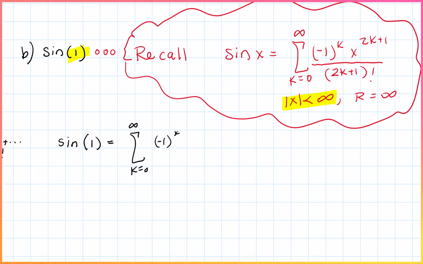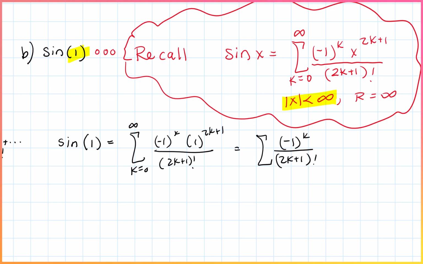We're going to plug in 1, so 1 to the 2k plus 1 just becomes 1, and that's all over 2k plus 1 factorial. So that is just negative 1 to the k over 2k plus 1 factorial from k equals 0 to infinity.